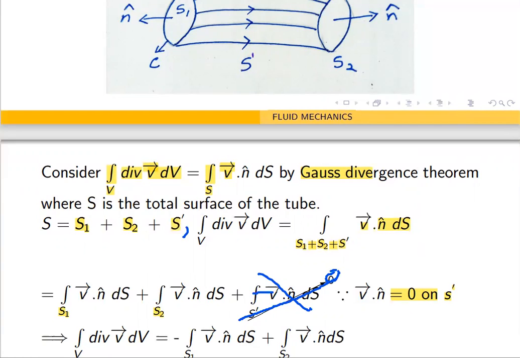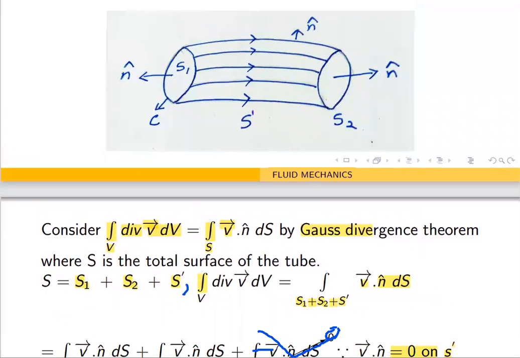So what is our LHS? LHS is the volume integral of divergence V dV. Now look at S1, the starting surface, this is our S1. Suppose we move along with the direction of the continuum.